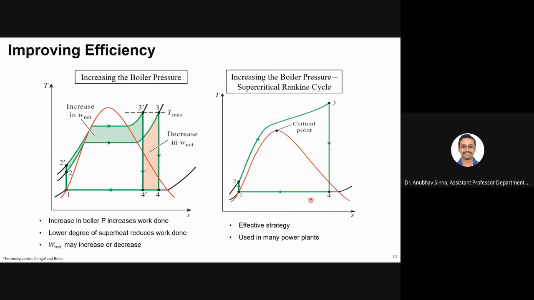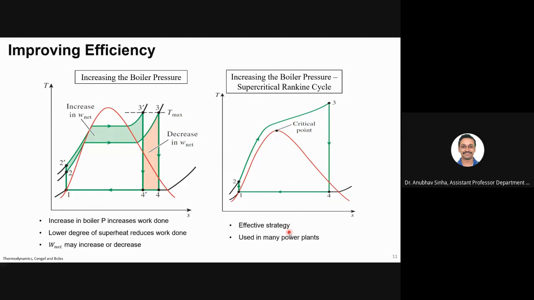By doing so, efficiency is increased. This is a very effective strategy, but we'll not do much discussion on that. This is beyond the scope of this present syllabus. But it is good to know that this is practically possible, and many steam plants use that, and it is a very effective strategy.